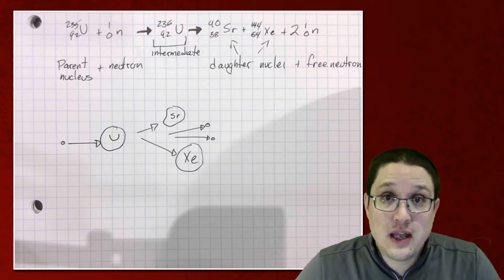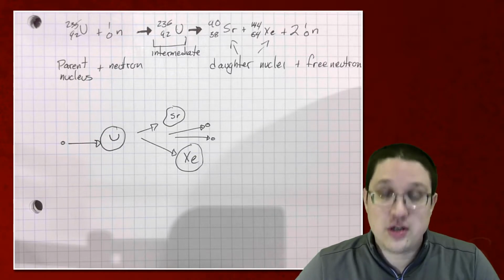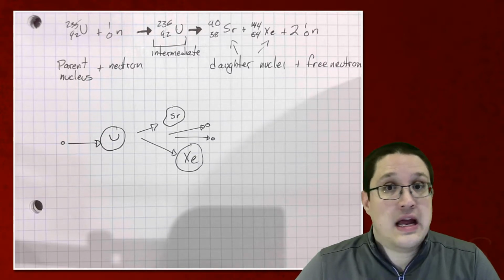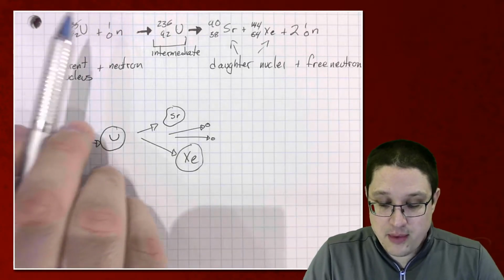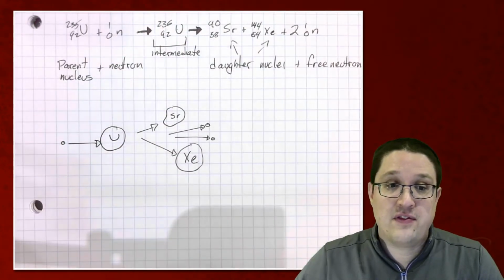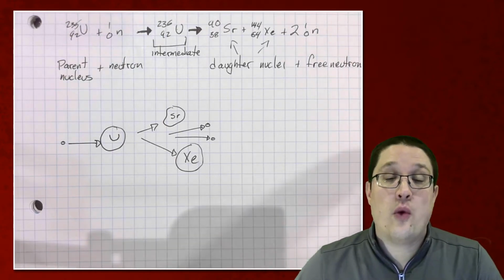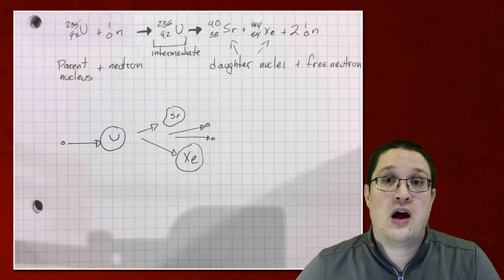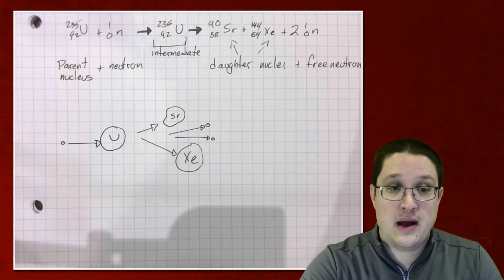Now, just like any other nuclear reaction, I can find the energy released by this by finding the mass before and finding the mass after. However, for this one, I would need to go look up the masses in my mass table.